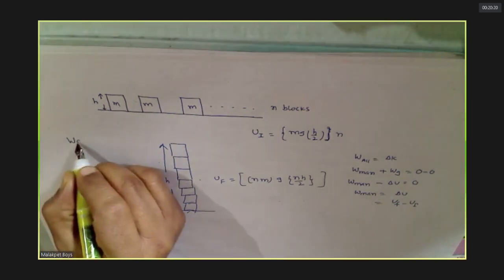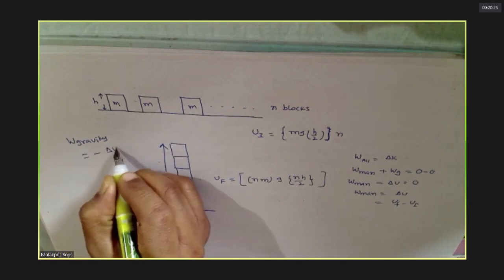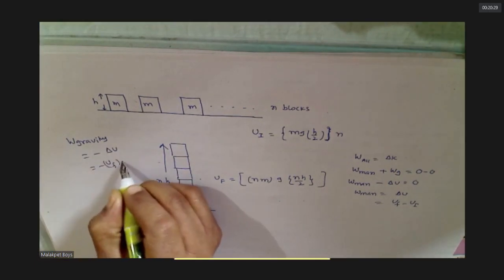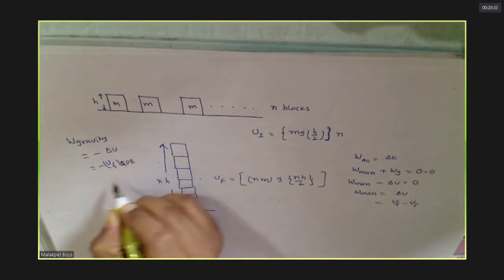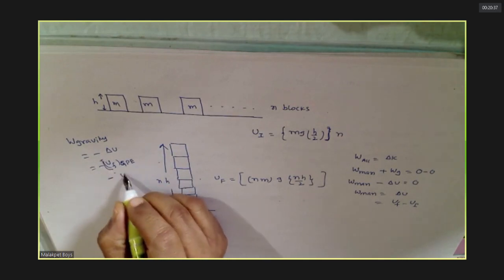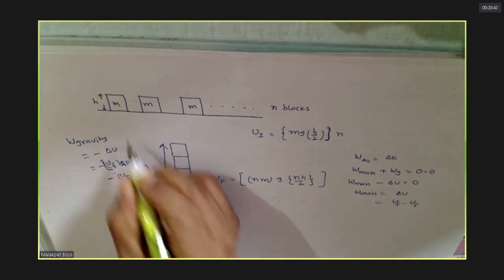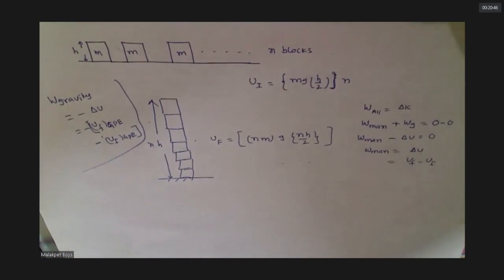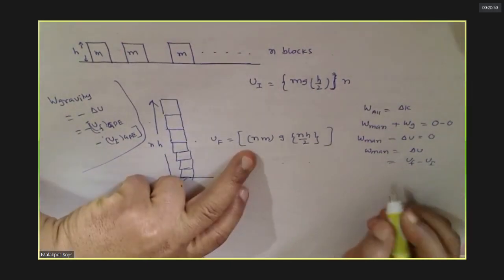Work done by gravity, a conservative force, equals minus of change in gravitational potential energy. That means final gravitational potential energy minus initial gravitational potential energy. Understood till here? So now you can substitute the final and initial, and you'll get that answer.